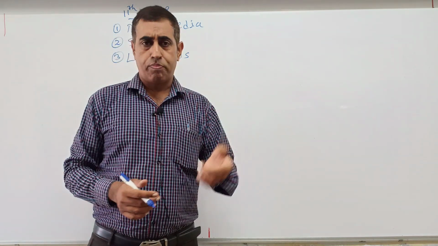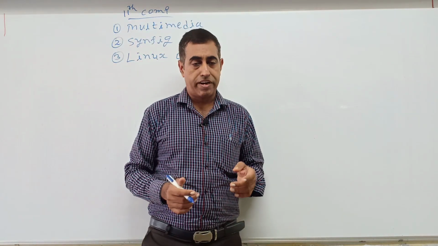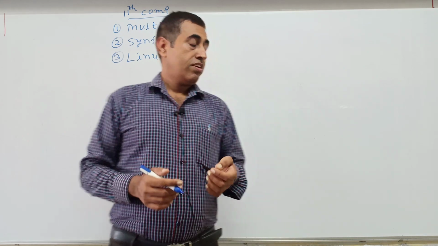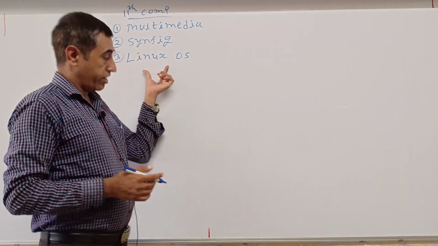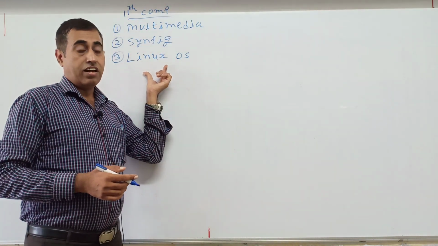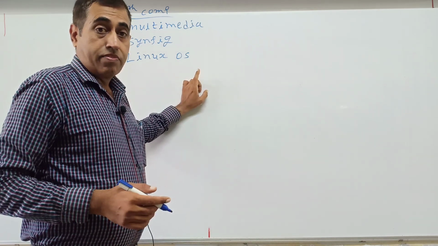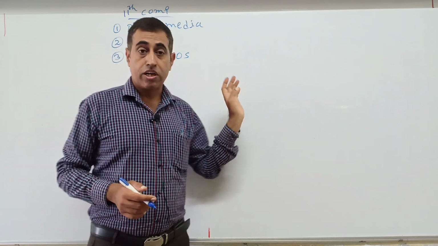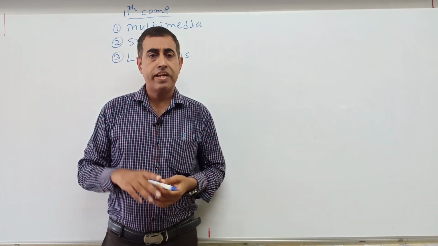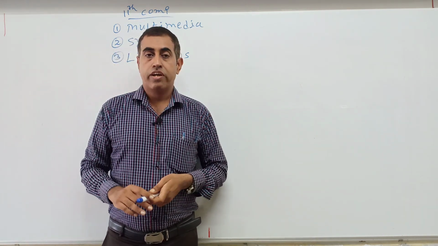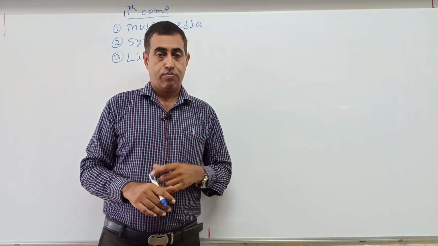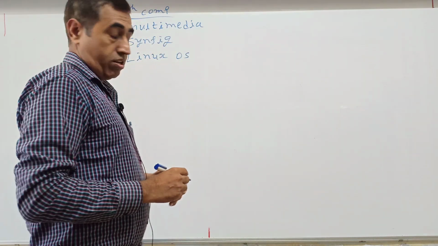Whether it is Windows operating system or Linux, it doesn't matter what you have installed. But here we have to study Linux operating system. Linux is open source software. It means totally free. So without paying any amount, you can directly download it from the internet.